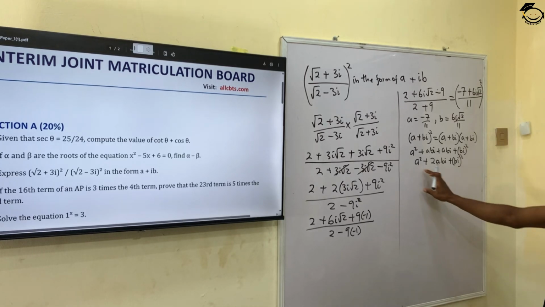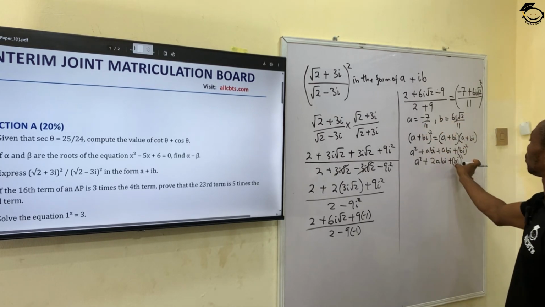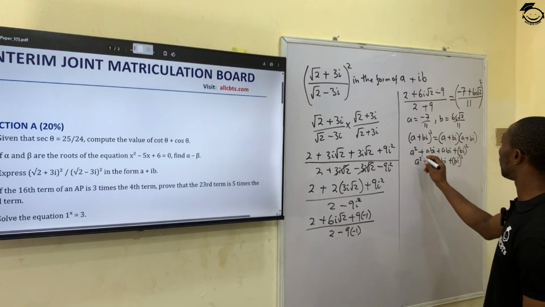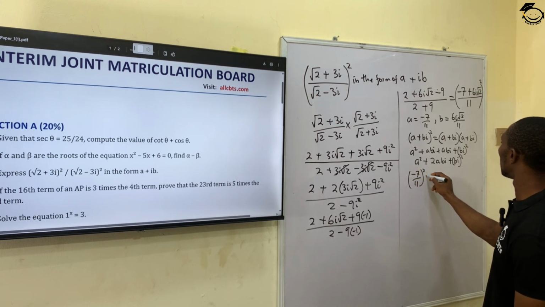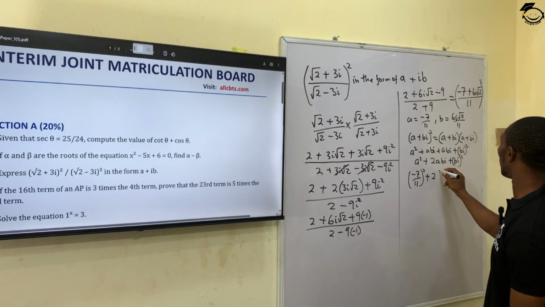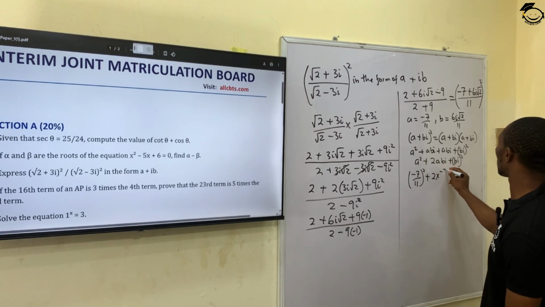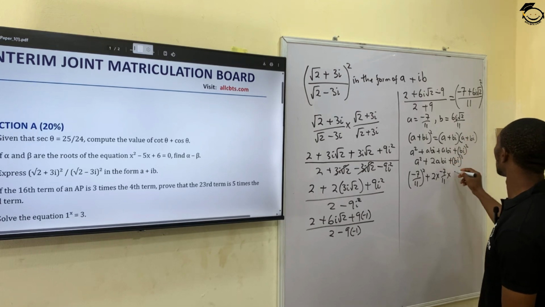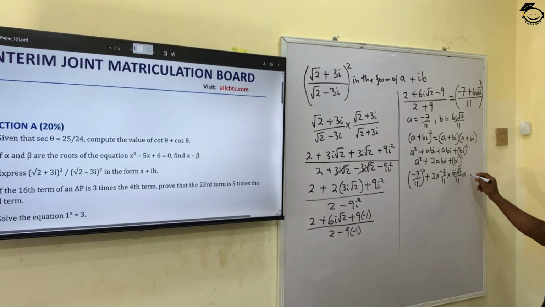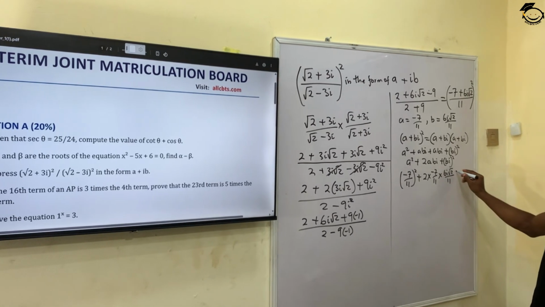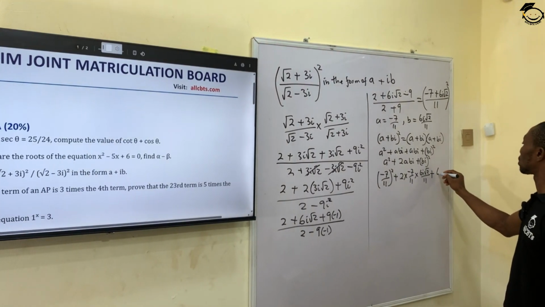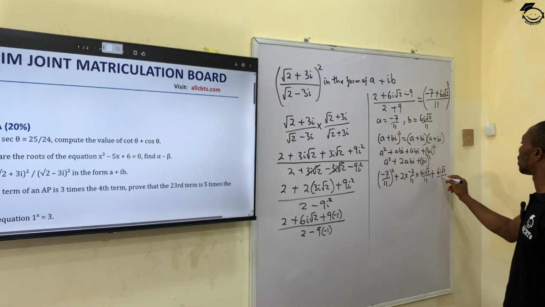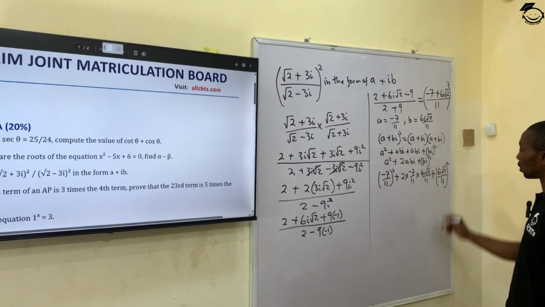All right, now replacing our values for A and B, A is minus 7 over 11 squared plus 2 times A, minus 7 over 11, times Bi, which is 6i root 2 over 11, plus 6i root 2 over 11 all squared.